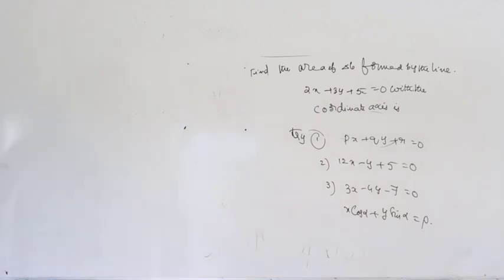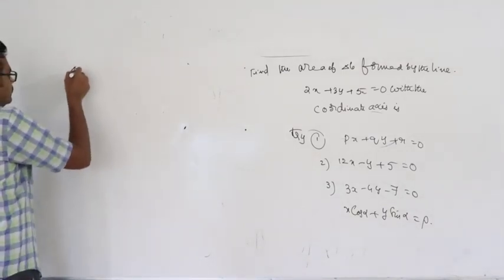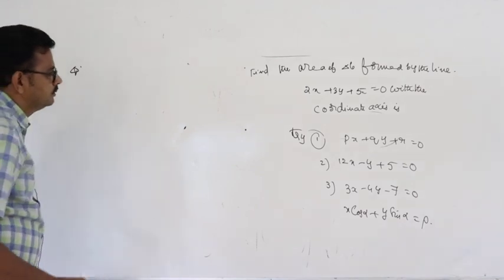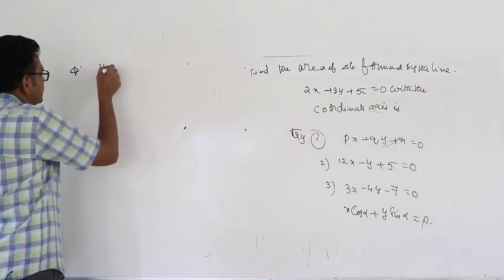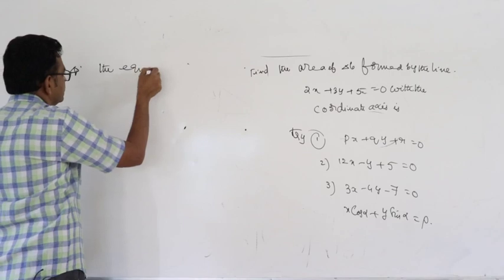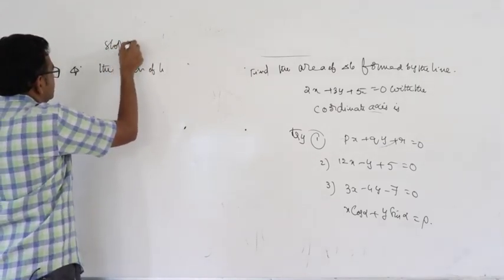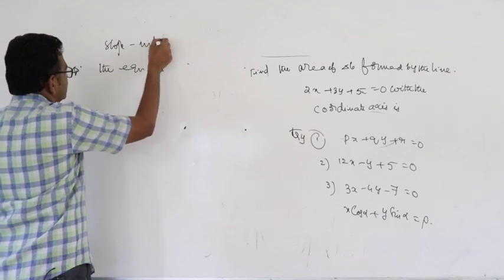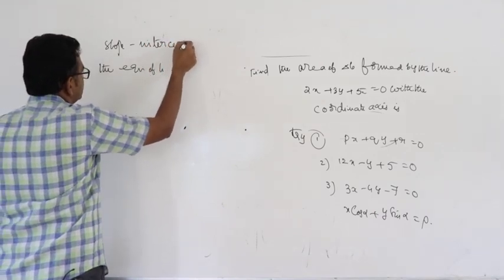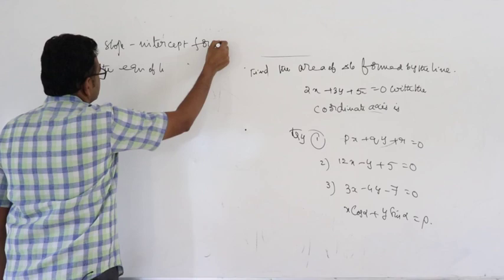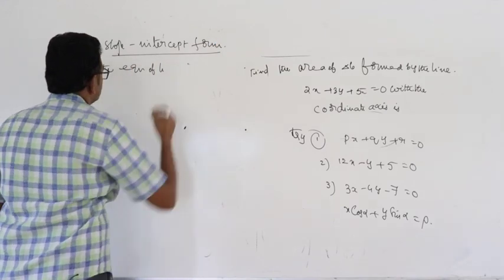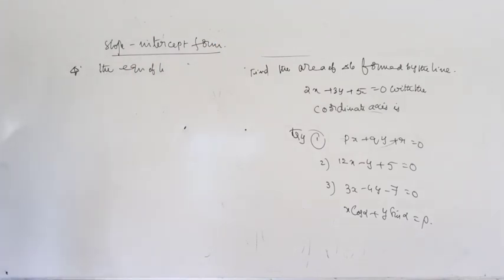Next point, the equation of line, this is called slope intercept form. Slope intercept form.